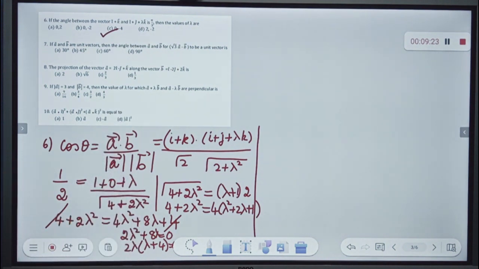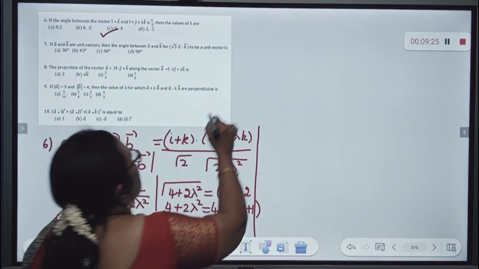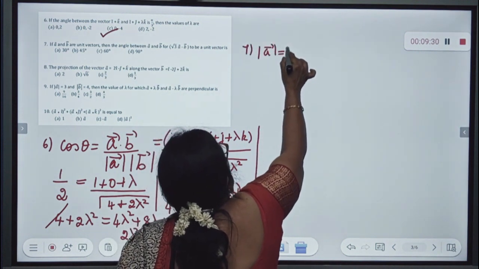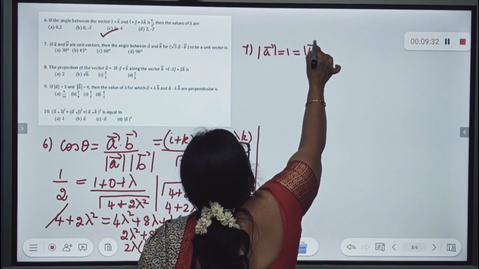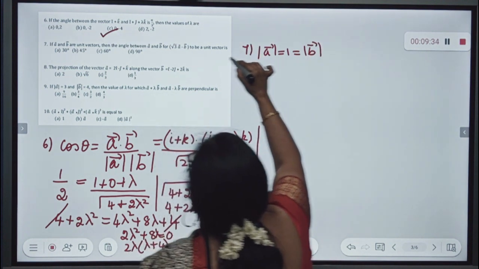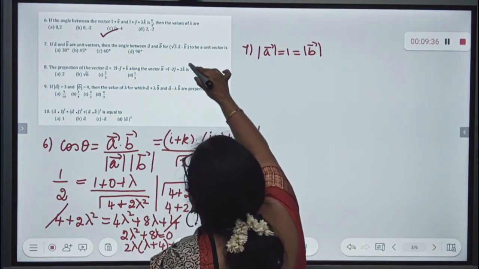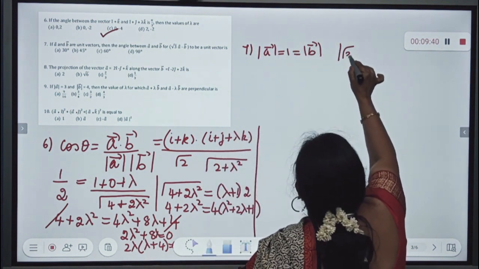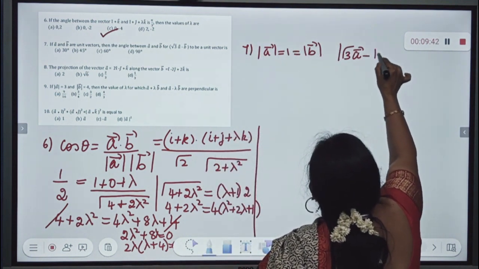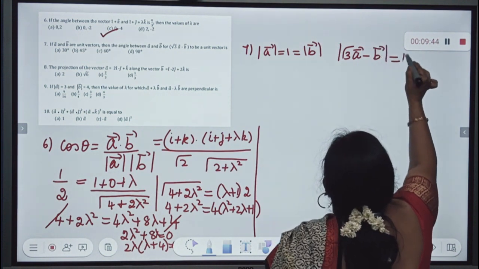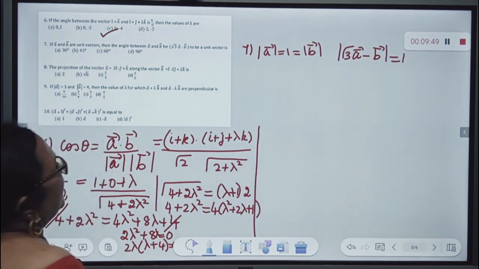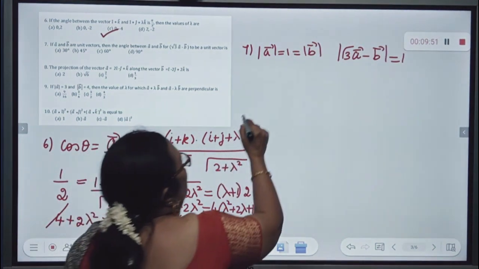Now 7th question, A and B are unit vectors. So modulus of A vector is 1 equal to modulus of B vector, and root 3A minus B is also a unit vector. You have to find the angle between A vector and B vector.